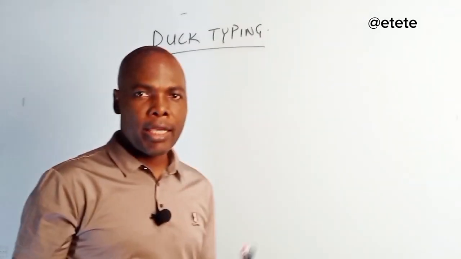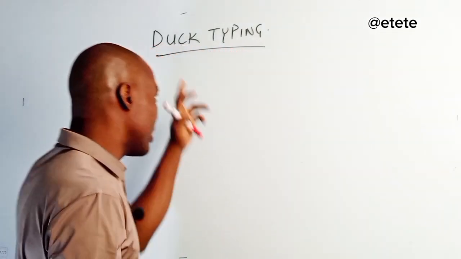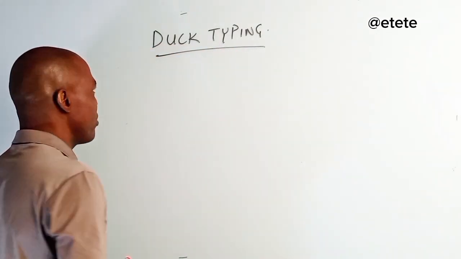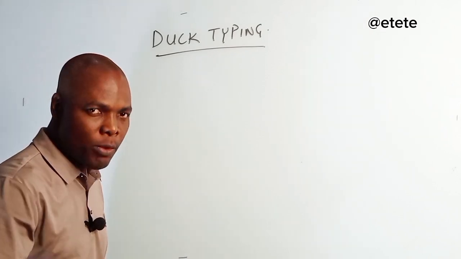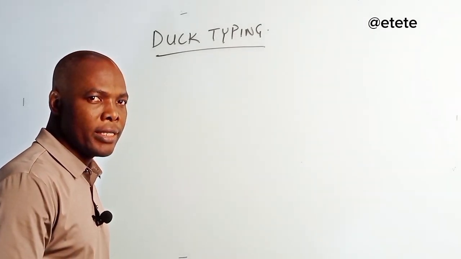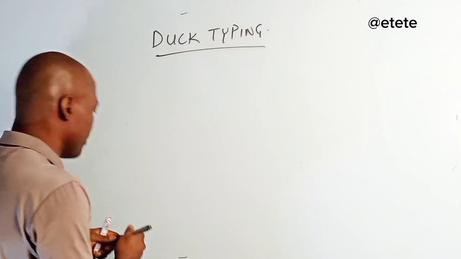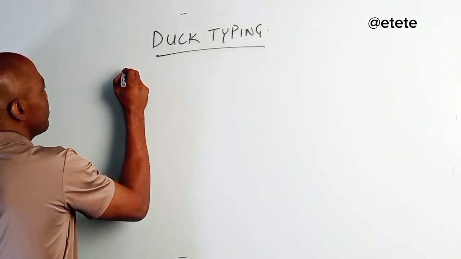If it walks like a duck and quacks like a duck, then it must be a duck. That is the concept that we are looking at here. So let's define the same class that we used in the dynamic binding, and then let's see. Okay, so I say class.